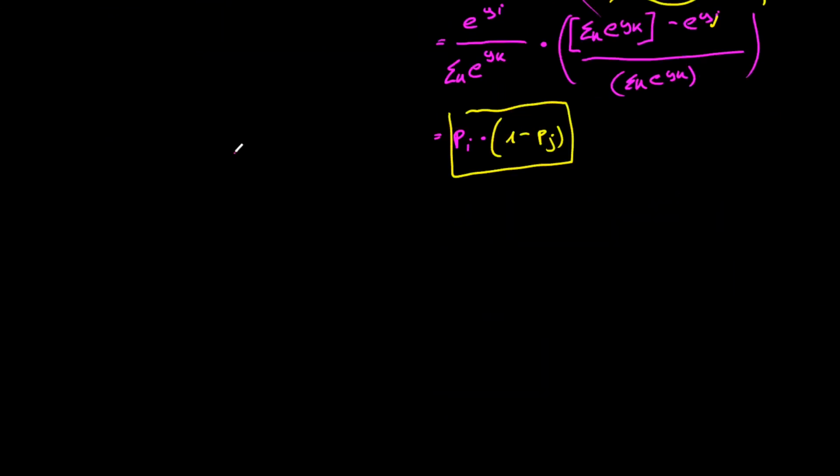Now let's do the second case, case 2, which is when i is different from j.